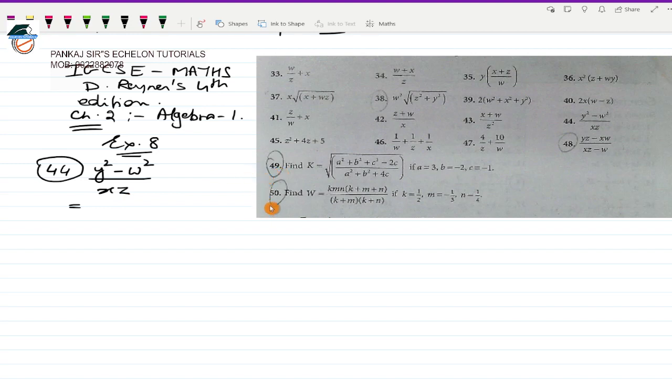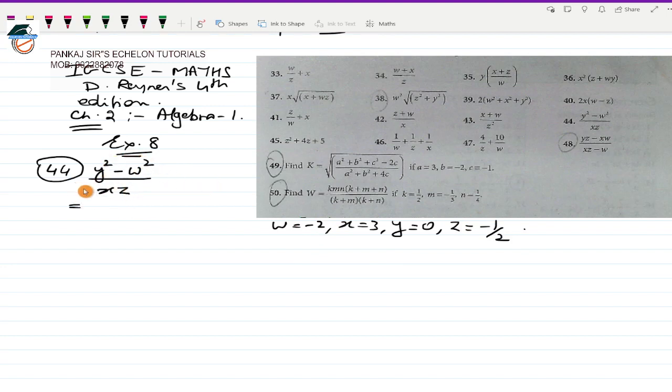On the screen it's not there, but for you, I will write down over here. W you have to take -2, and x you have to take 3, and y you have to take 0, and z you have to take as -1/2. These are the values which you have to substitute for the variables given here.